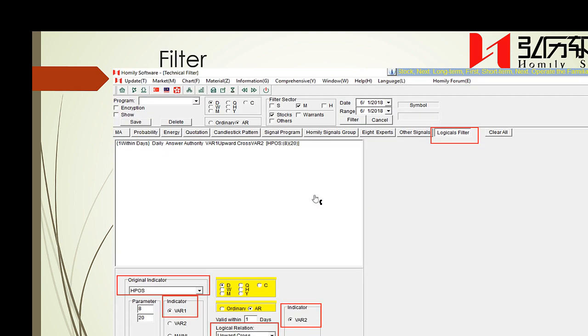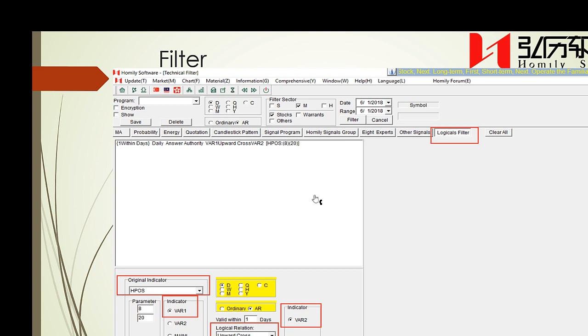And this one is for filter. Just one point, just the second buy point, that is the white line golden cross to the yellow line. So here we should choose the logical filter. And then here original indicator, here we find the HPOS, it means Homely Position.